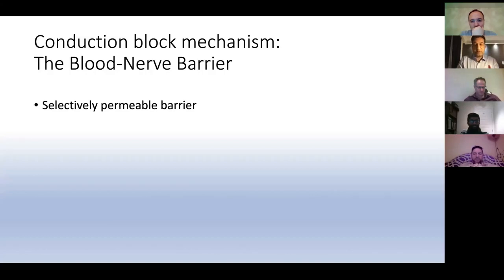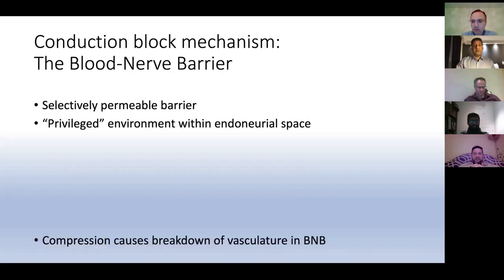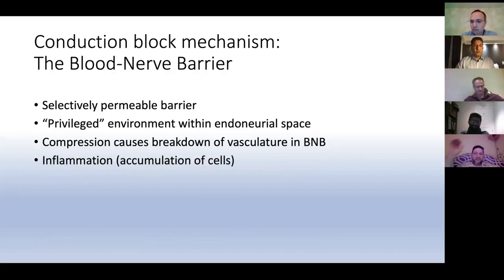So the two buzzwords I want you to remember are selectively permeable, and then I want you to remember a privileged environment. That's the buzzword to remember. So what happens is when you compress this nerve, it gradually upsets this blood-nerve barrier. It alters the pressure within the vessels, creating an internal compartment syndrome and essentially breakdown of the vasculature, which causes leakage. This then leads to accumulation of various proteins and ingression of inflammatory cells like lymphocytes and macrophages, which otherwise were not able to get in.